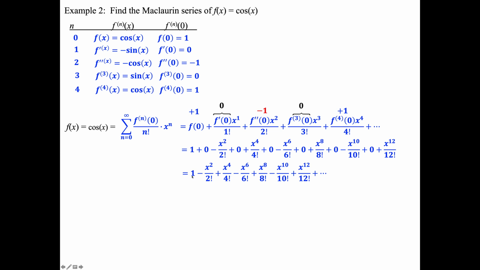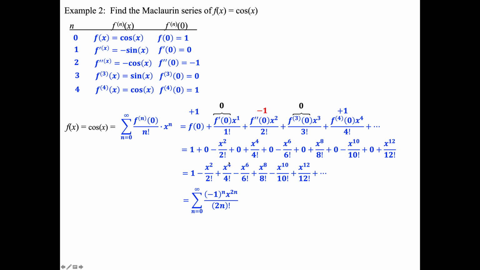So we get rid of the zeros. We write this out now with no zeros in there, and we look for a pattern. So I can see that I need to have x raised to some power that's always going to give me double my n value. So when n is 0, 2 times 0 is still 0. That's still going to work. When n is 1, then 1 times 2 is x squared.